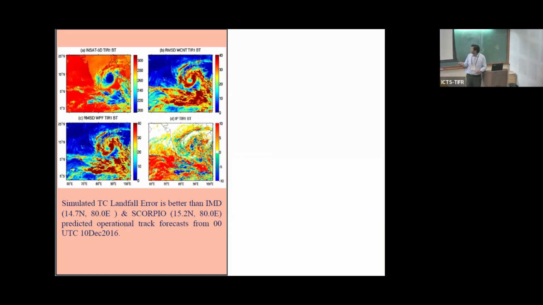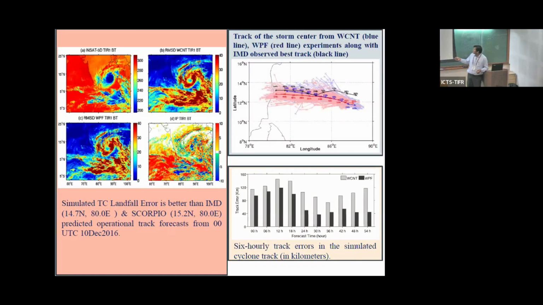Wherever it is positive, it shows improvement, and negative means it shows some degradation. I got mixed results in a few regions, and in a few regions I got very good improvement, and this region is mainly influenced by the cyclone.